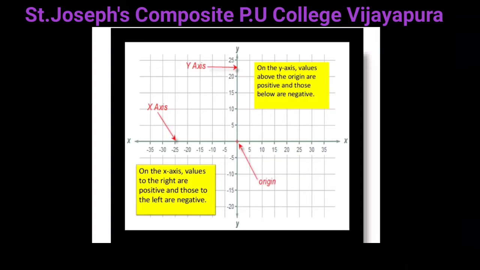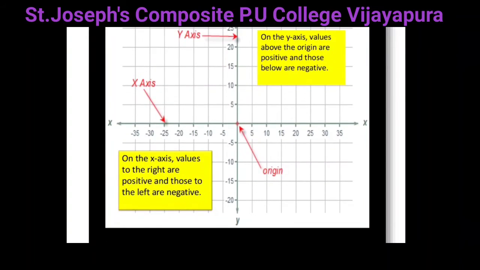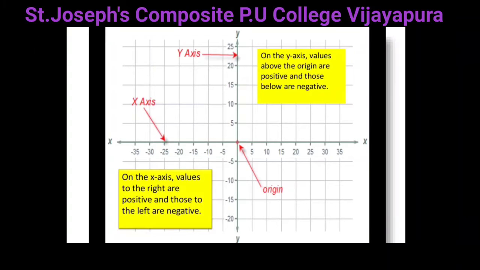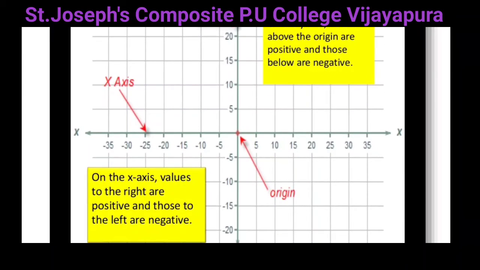Now in the coordinate plane, on the x-axis, the horizontal line XOX prime, the values to the right of the origin are positive, and to the left of the origin are negative.